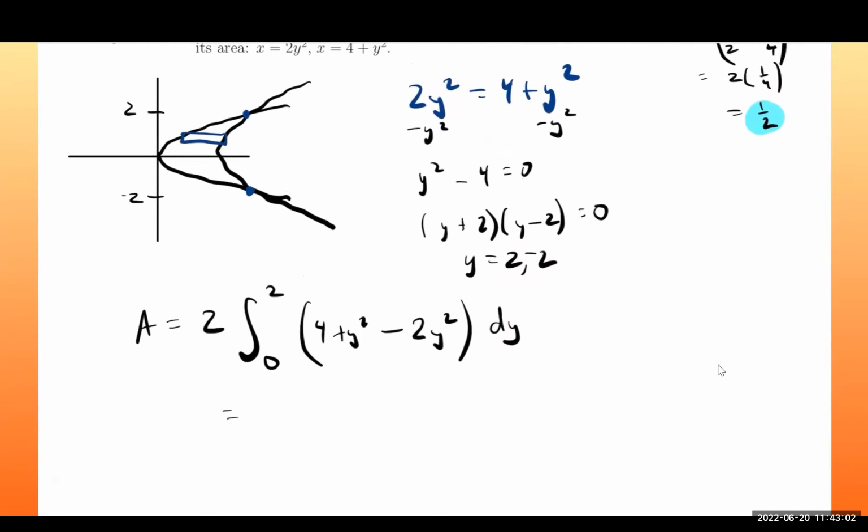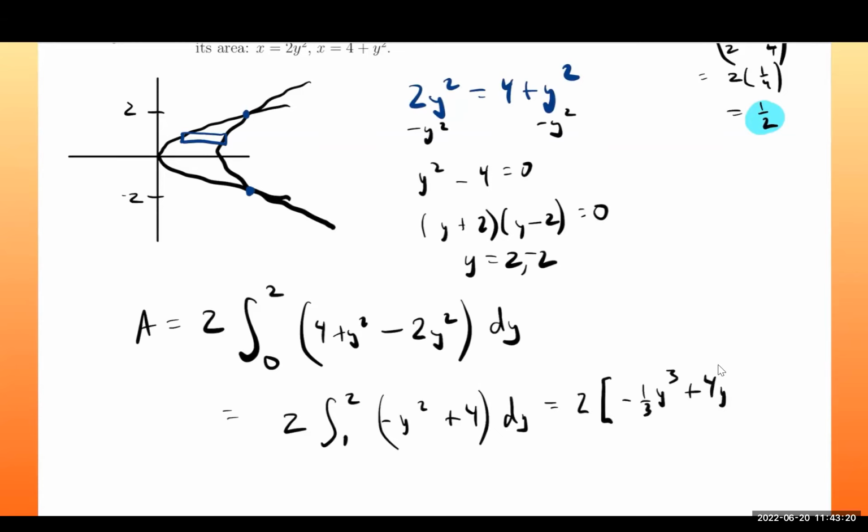So simplifying this gives us, and now integrating will give us, and then this will become 2 times -8/3 plus 8 minus 0 again.